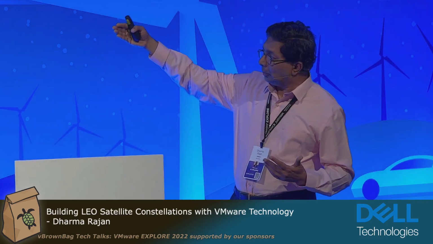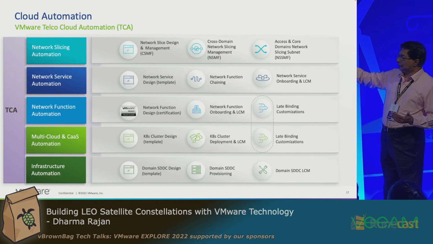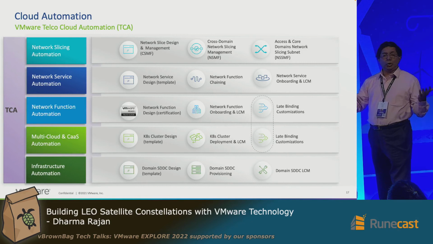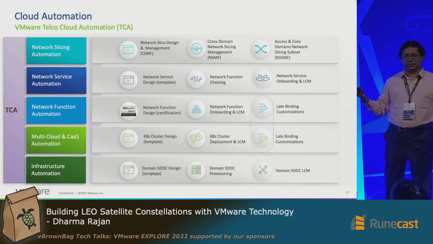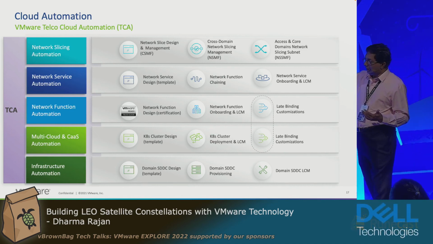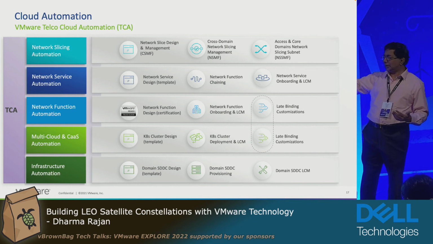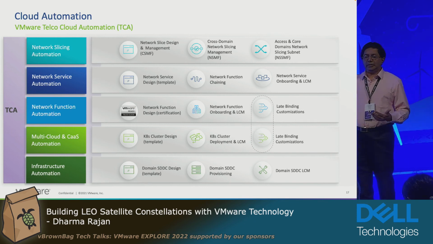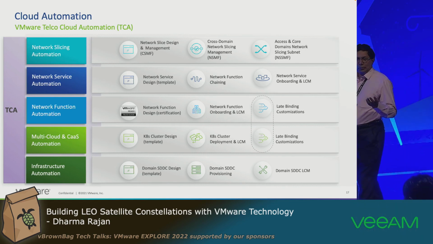Then services: depending upon the type of services you want to instantiate, you can create design templates for those services as applications come along. The third is how you can automate it because you are deploying containers and volumes. How do you automate all of this process? That whole automation layer exists. And then you have multi-cloud, so you can deploy the containers across different clouds, and complete infrastructure automation exists. So this is a high-level view on automation.